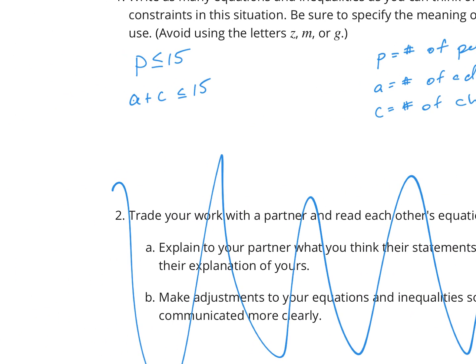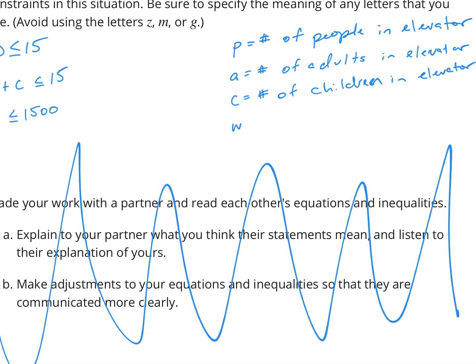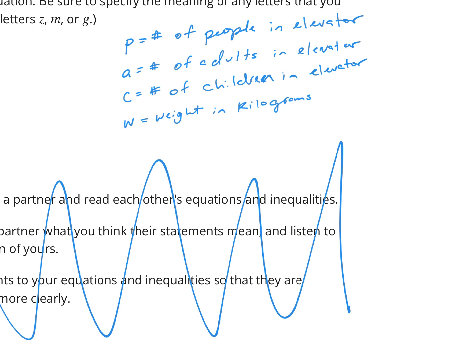Another one that you could have is W is less than or equal to 1,500. In this case, W would be the weight in kilograms of the elevator car.